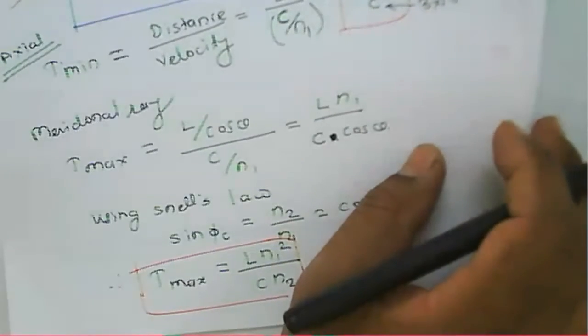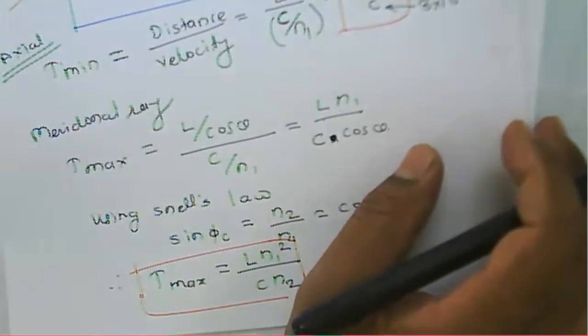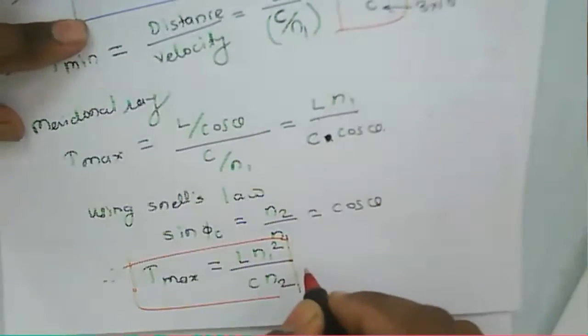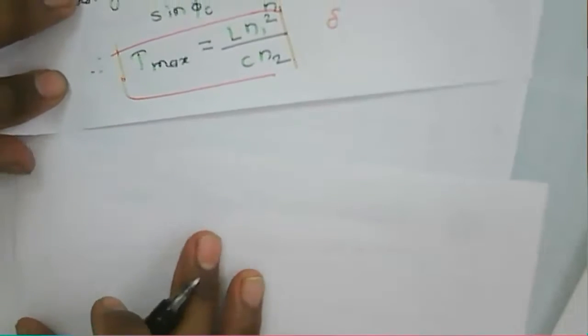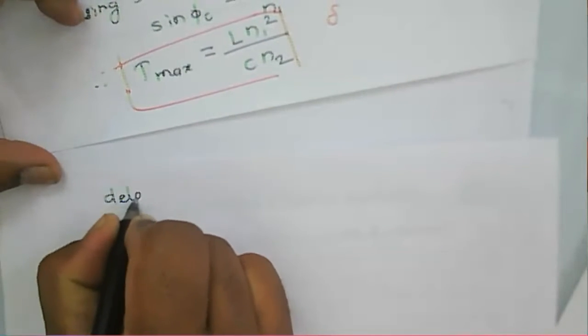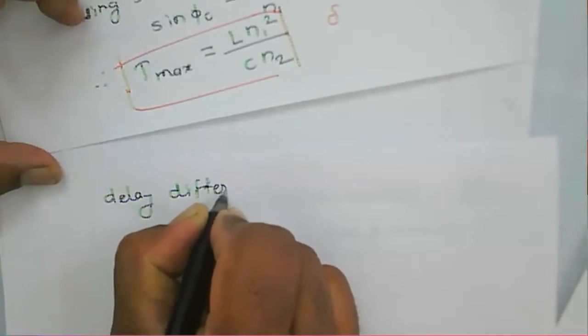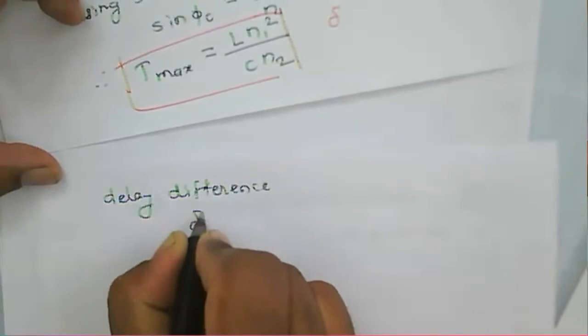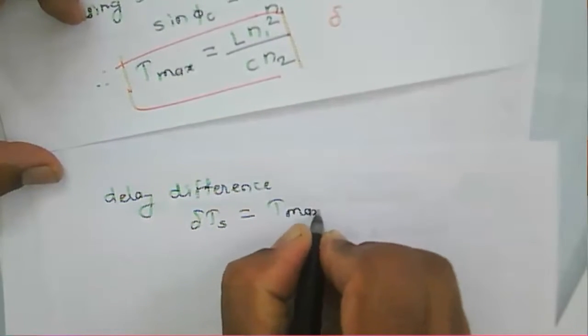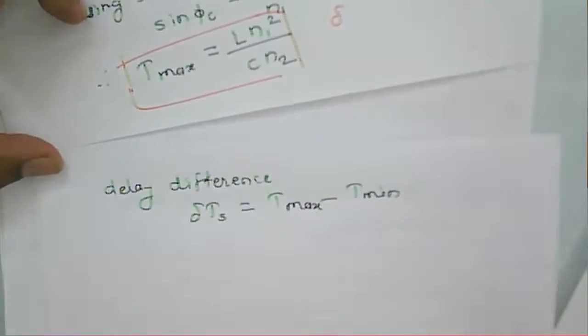Now, if you compare that, the delay difference between these two rays, we can obtain the delay difference, that is del Ts is equal to T max minus T minimum.